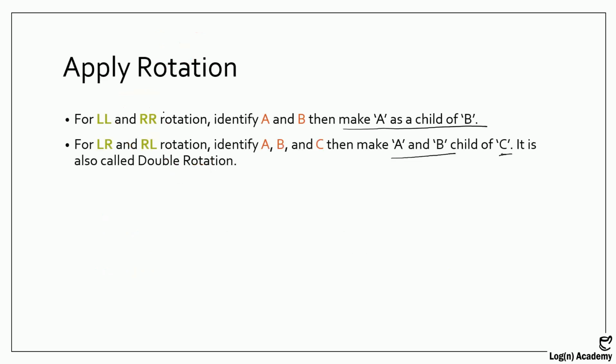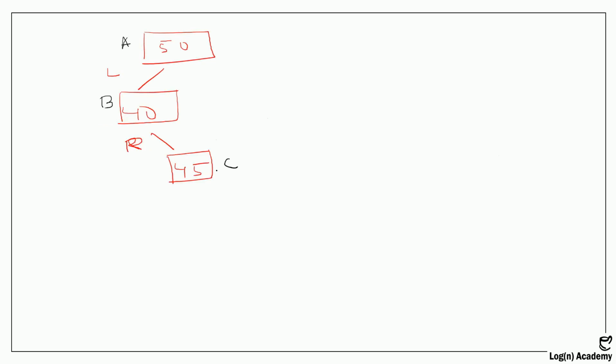And then it says make A and B child of C. Now C will become the root node. C will become the root node. So now 45 will become the root node, and we will make A and B a child. So A will come on the right hand side and B will come on the left hand side.